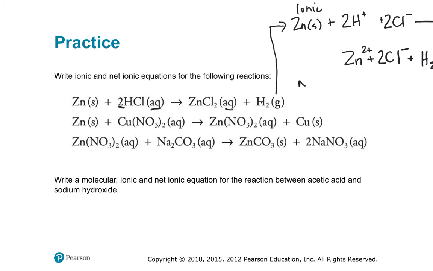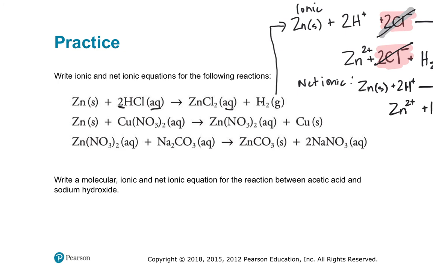Our net ionic is where we cross out any spectator ion. So what appears the same on both sides? Well, to me, it looks like chloride and chloride appear on both sides. So we're going to cross those out, and we're going to get a net ionic equation of zinc solid plus 2 hydrogen ions react to form zinc 2+ ions plus hydrogen gas.